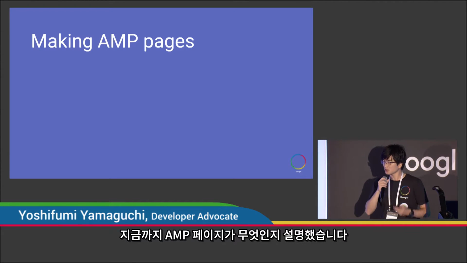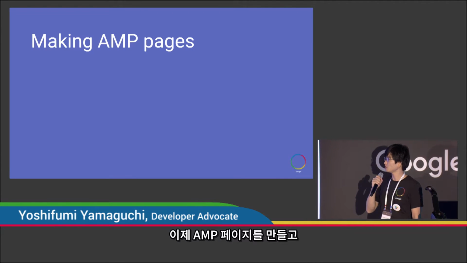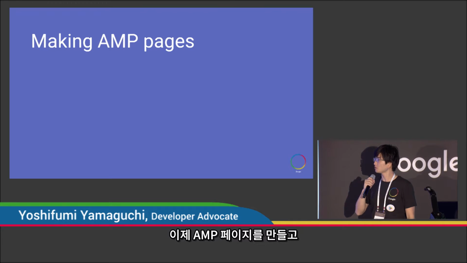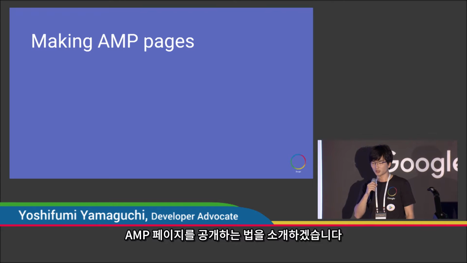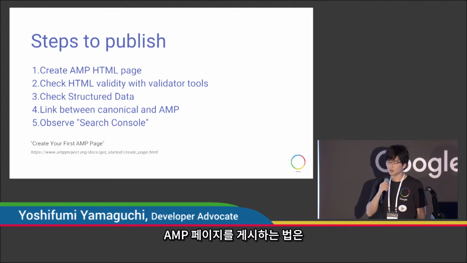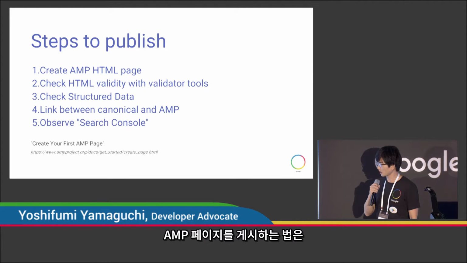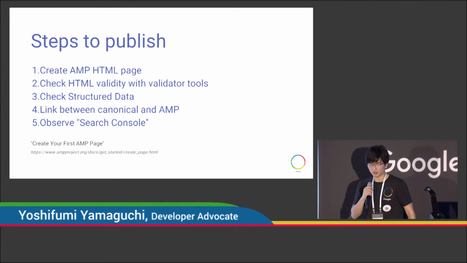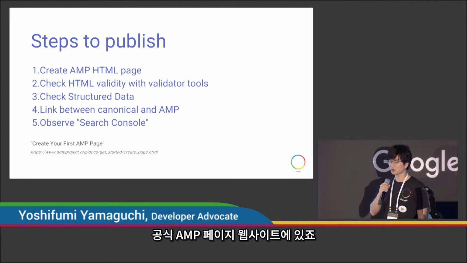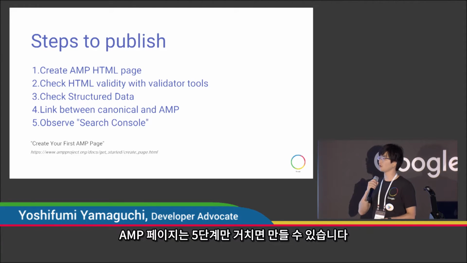I have been introducing what AMP is like, but now I'm going to show how to make the AMP pages and how to publish AMP pages to the public. The steps to publish AMP pages are written in the create your first AMP pages guide on the official AMP website. The steps are really few, only 5.